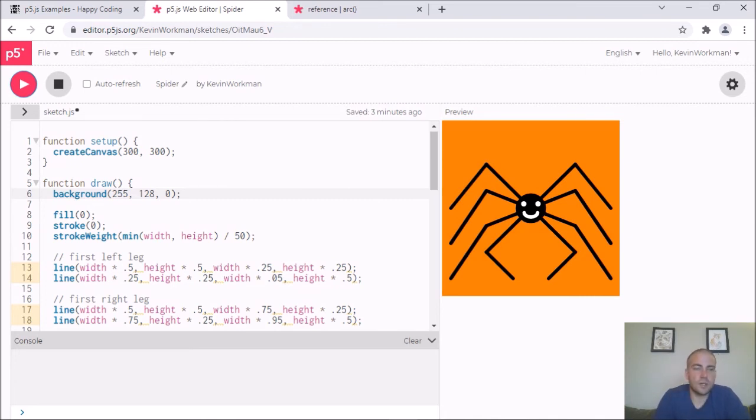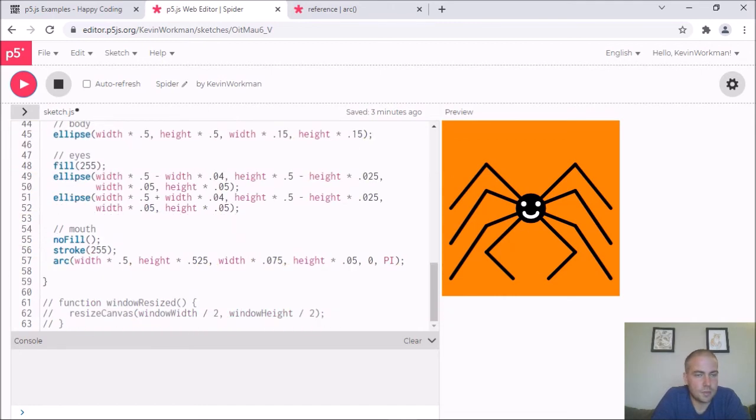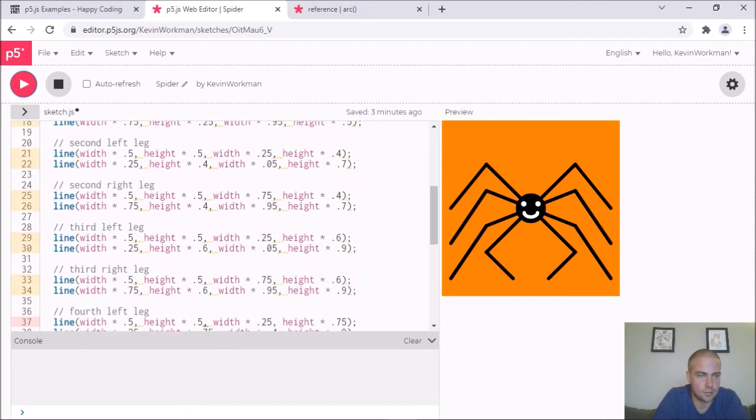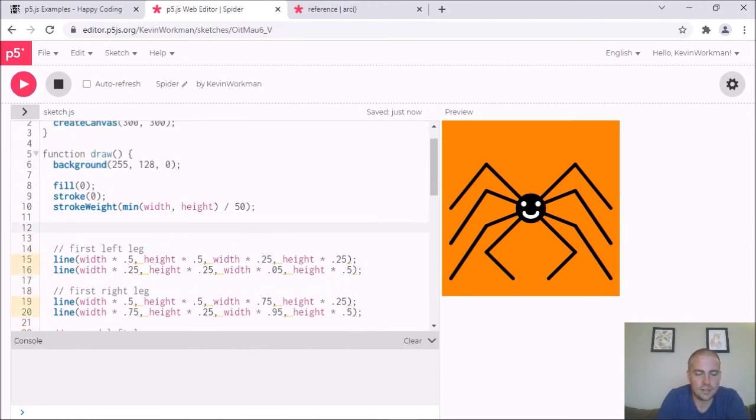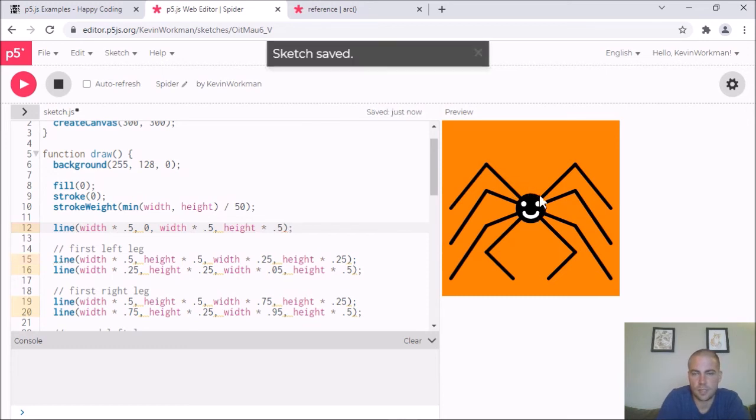Maybe I'll give the spider a little web, and you know, we could go really down a rabbit hole, make this video 5 hours long by making a really intricate spider web, but I'm just talking like a single web, a single line. So like line from width times 0.5, 0, so at the very top up here, down to width times 0.5, height times 0.5, so down to the center, which will end up being behind my spider.